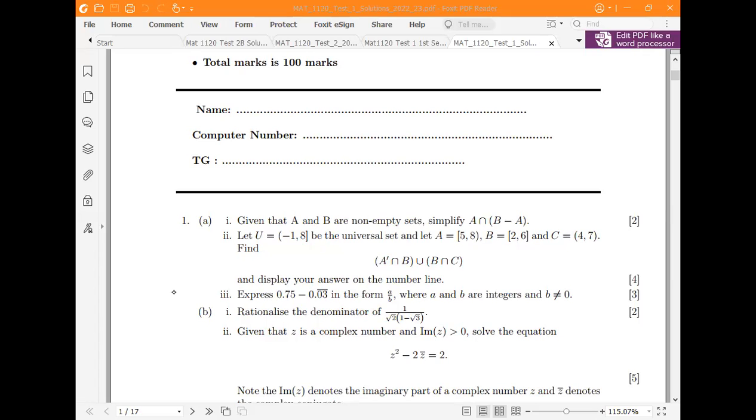Find A complement intersection B and B intersection C. So you get the union of those two. So let's start with B intersection C. So what is B intersection C?